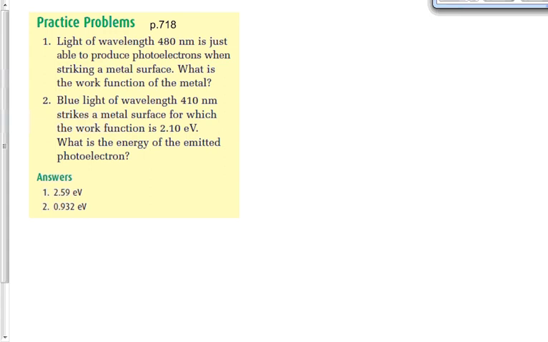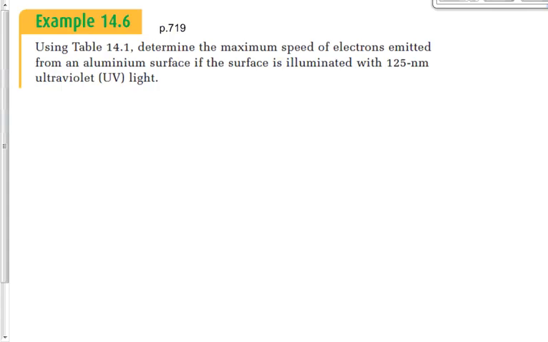All right, then if those 2 questions are good, let's try one more example question. This one is on page 719. This one says using table 14.1, so we're going to need some information from this table, information that probably won't appear on a test or a diploma exam in a table form. It'll more likely be buried in a page of information in a context.